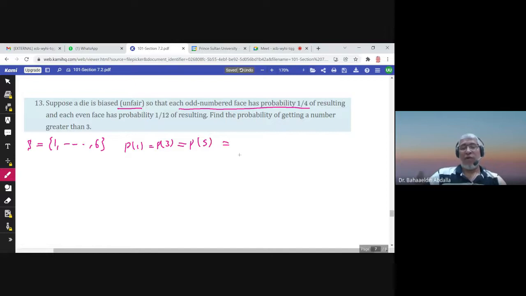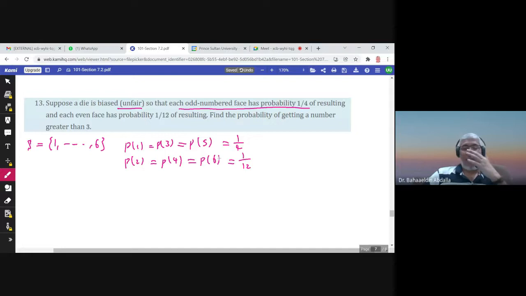All the odd numbers, their probability is 1 over 4. While each even face has probability of 1 over 12. So probability of 2 equals probability of 4 equals probability of 6 equals 1 over 12.